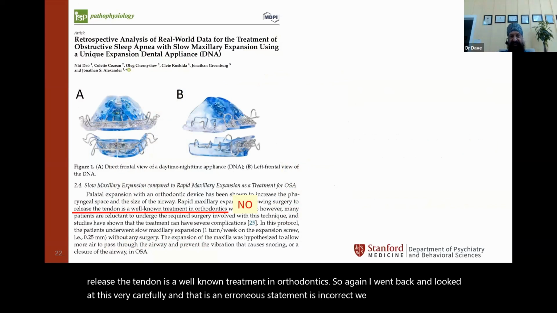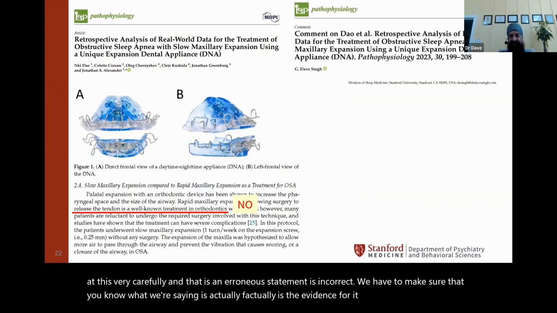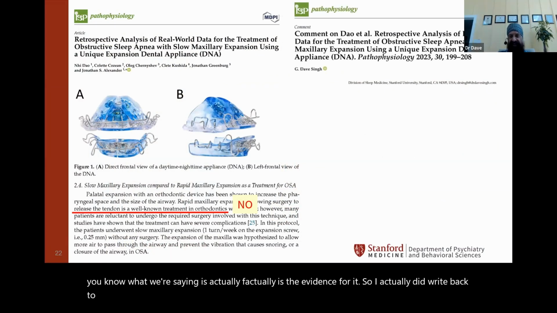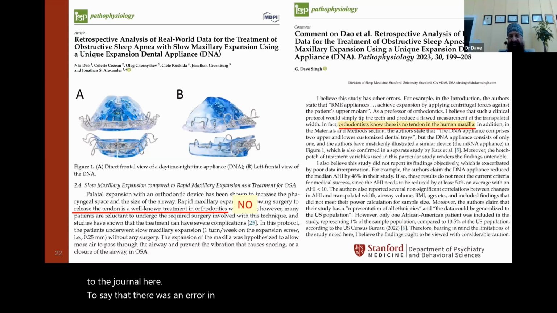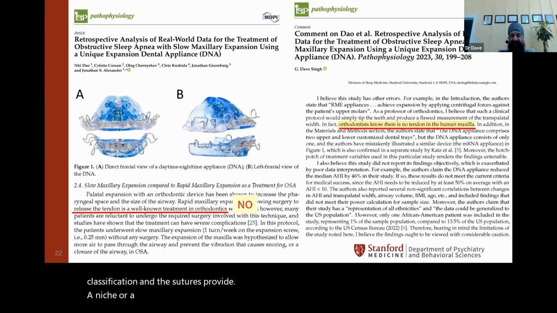We have to make sure that what we're saying is factually supported by the evidence. So I actually did write back to the journal to say that there was an error in the paper. Orthodontists know there is no tendon in the human maxilla. It's a suture. It's a sutural system. The maxilla develops from intramembranous ossification, and the sutures provide a niche for stem cell differentiation.